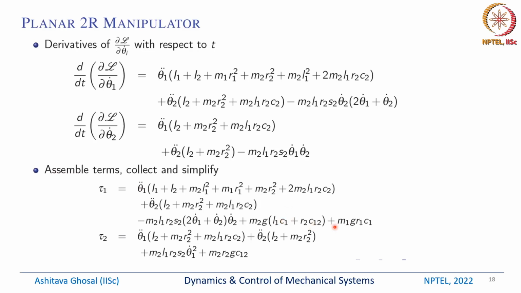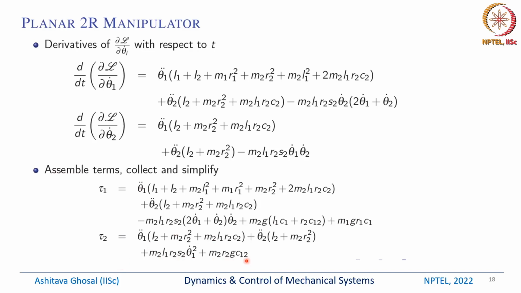So we will get one term here, gravity, another term here, and for the second equation again we will have theta 1 double dot into something plus theta 2 double dot into something, and then theta 1 dot square and m2 R2 G C12.